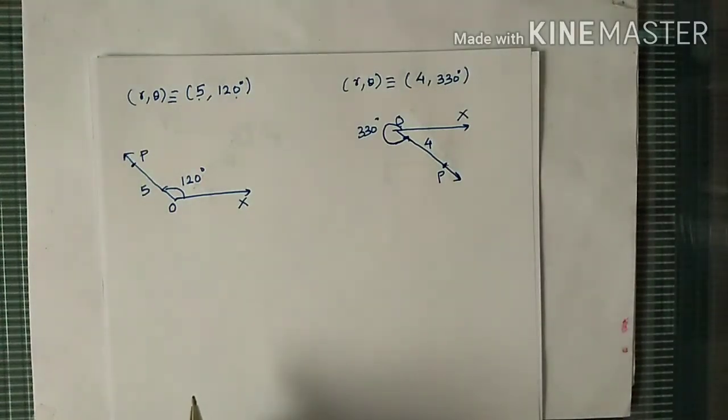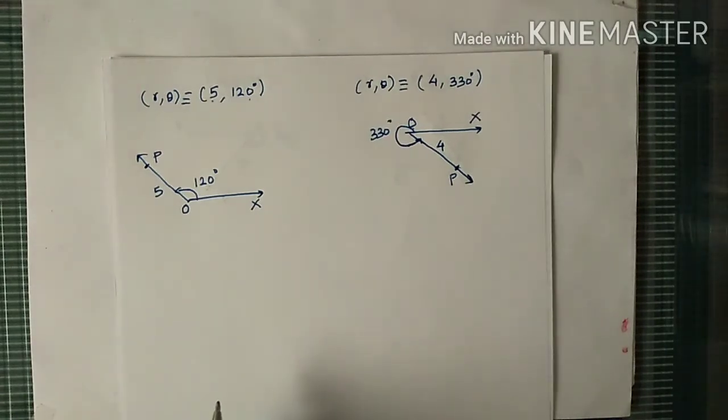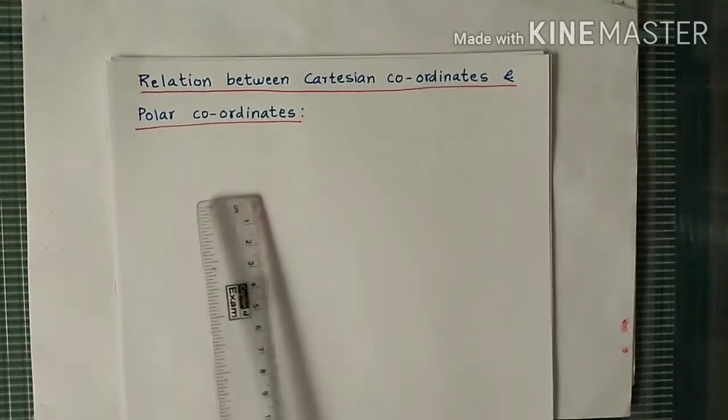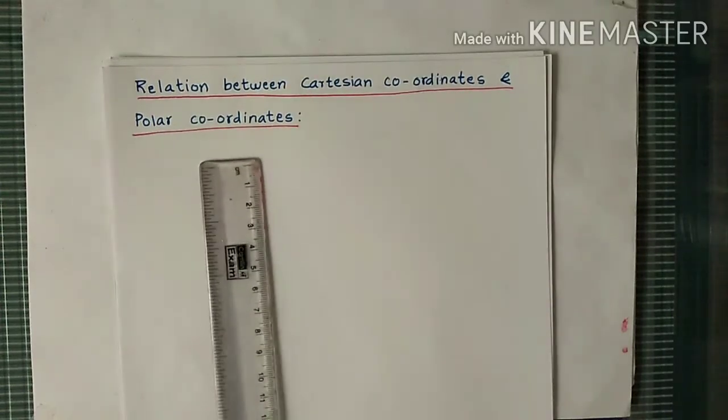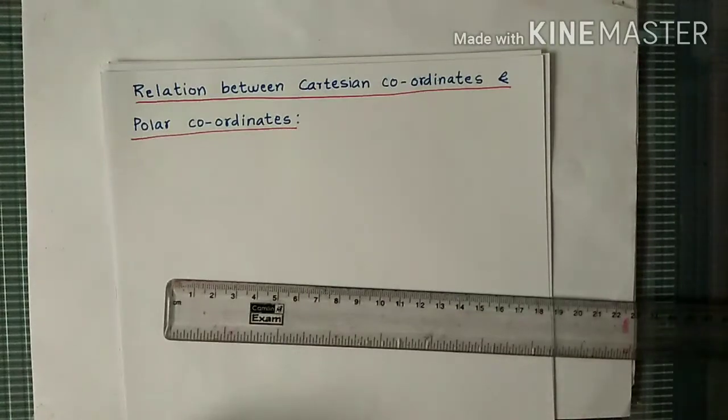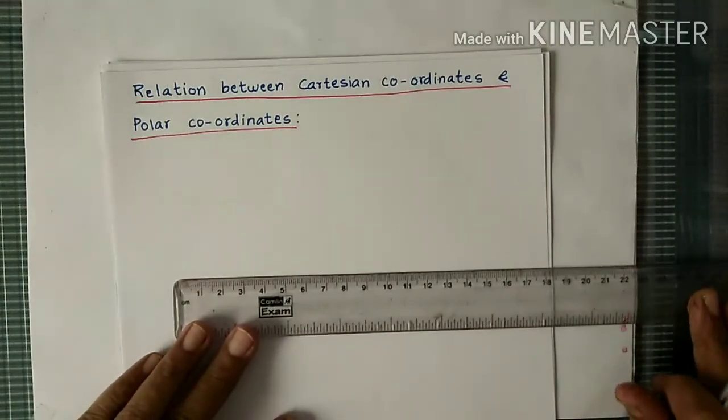Now the next question: we can determine the position of point P using polar coordinates, but earlier we had Cartesian coordinates. So what is the relation between Cartesian coordinates and polar coordinates? Let's derive the relation. For that, let OX be our polar axis.